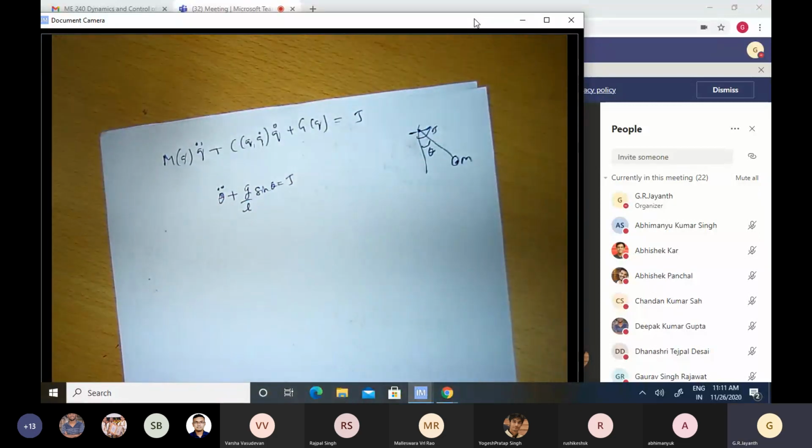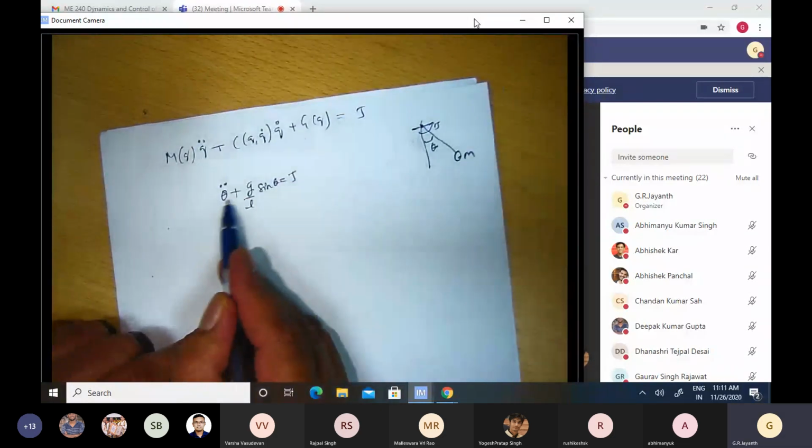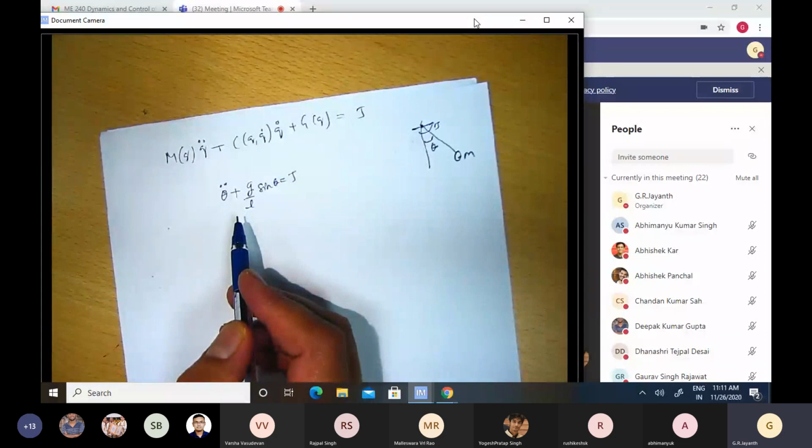What kind of an equation is this? It's a second order ordinary differential equation. It's also time invariant in the sense that the coefficients of theta and other things are not changing with time.